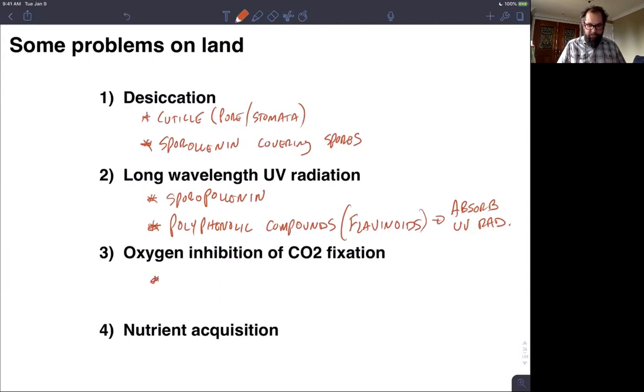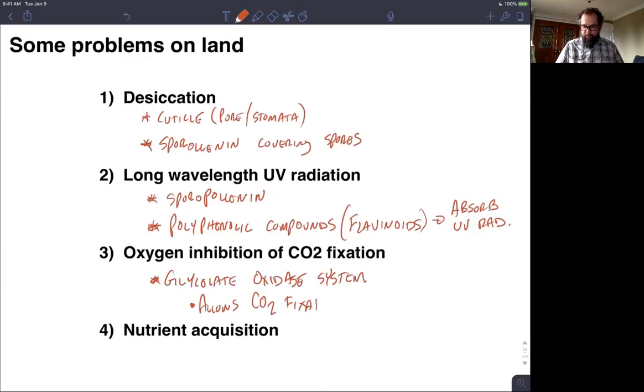Well, there was a land plant synapomorphy that I mentioned before that ameliorates this problem, and that's the glycolate oxidase enzyme system. What this does is allow rubisco to fix carbon dioxide with oxygen present.